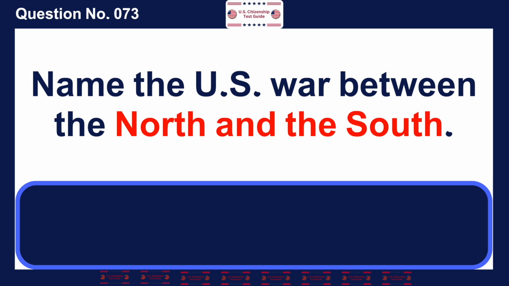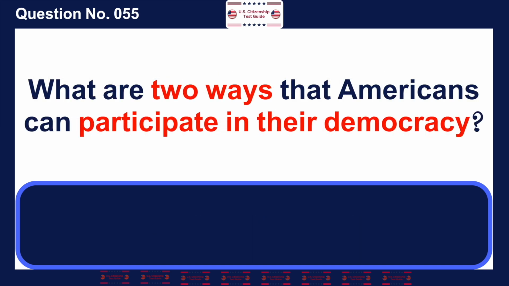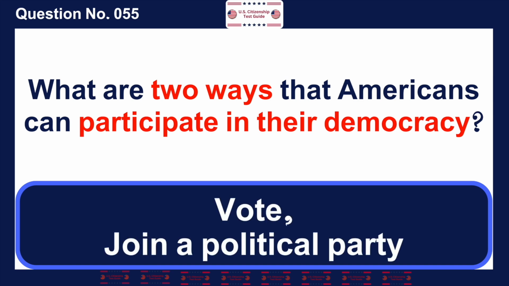Name the U.S. war between the North and the South. The Civil War. What are 2 ways that Americans can participate in their democracy? Vote. Join a political party.